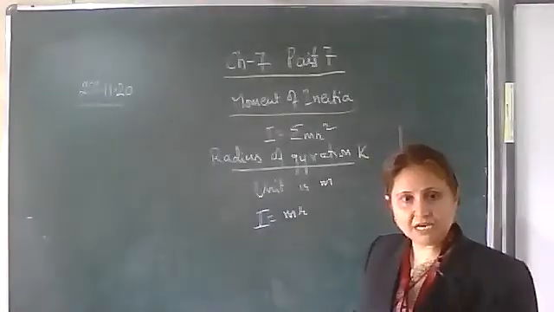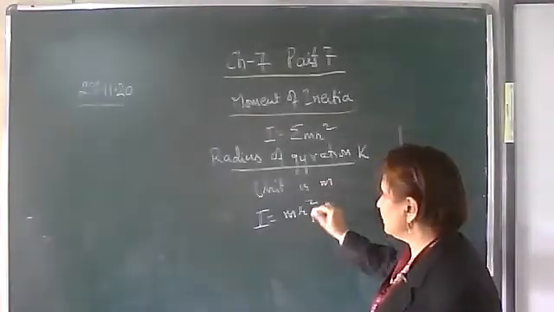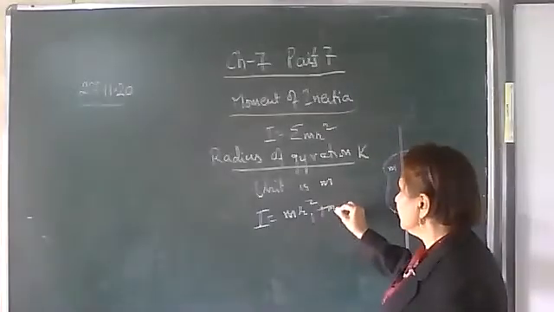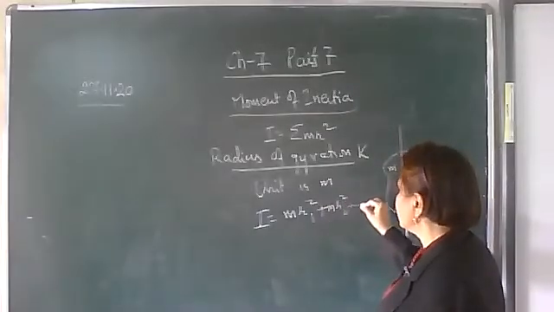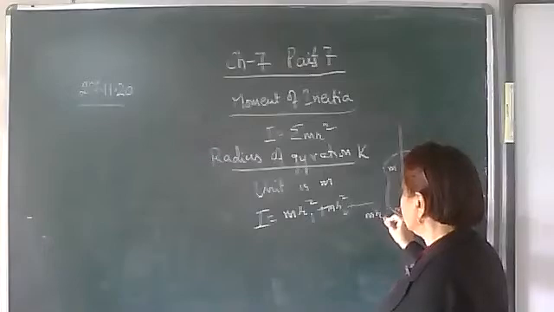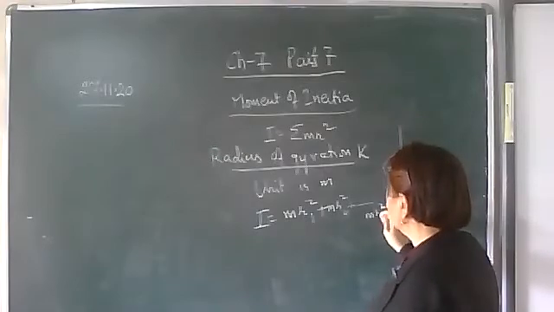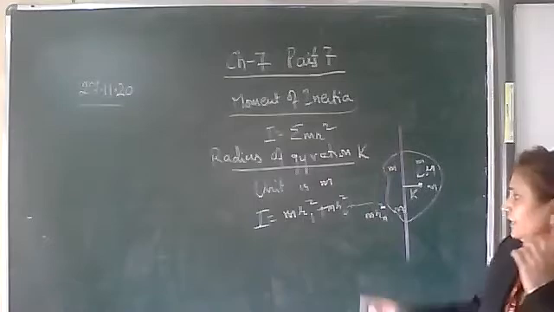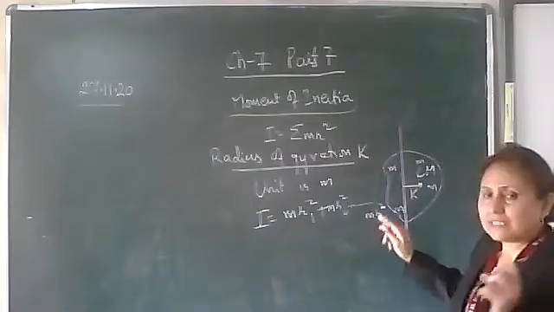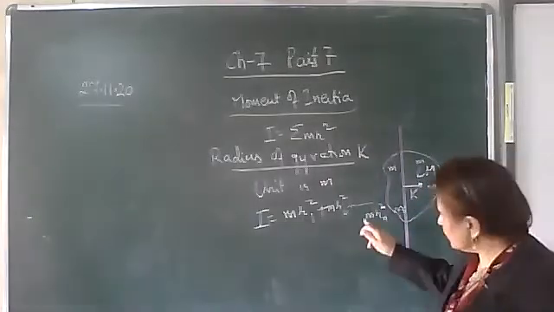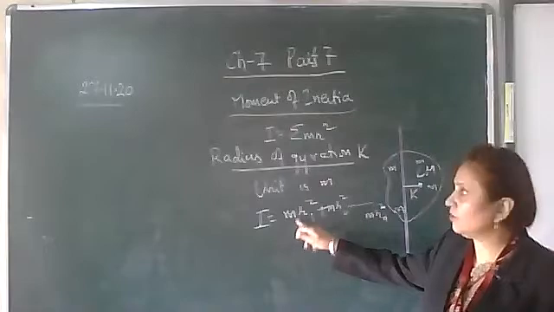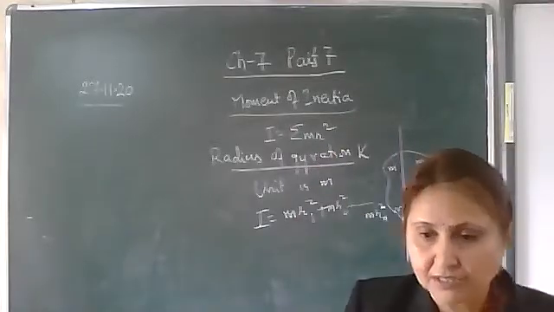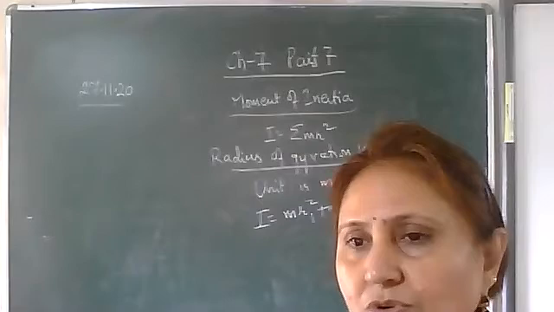Like m1 r1 square, m into r1 square is the moment of inertia of the first particle, plus m into r2 square and so on, m into rn square. This is the moment of inertia of the rigid body having n number of particles, each having the same mass. Yesterday we studied that moment of inertia is given by m1 r1 square plus m2 r2 square and so on.